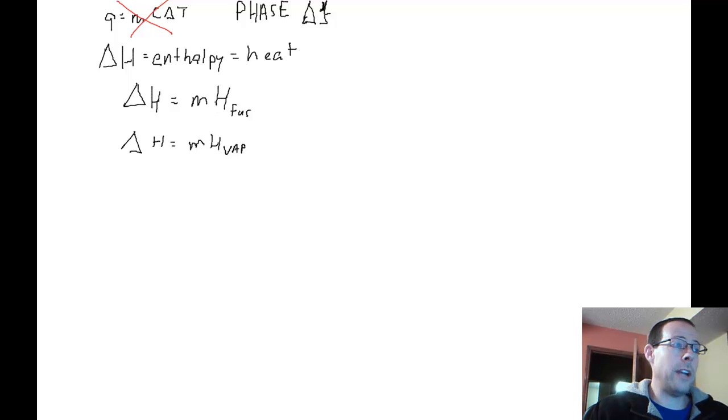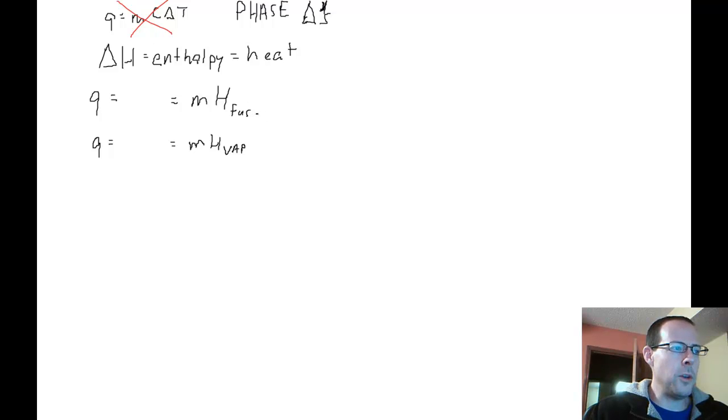Alright? What I'm going to do to simplify this a little bit is textbooks are all going to say delta H, but because we set up here that enthalpy is heat, what I want you to have in mind is just m H fuse really equals Q, and m H vap also equals Q. So essentially we are just erasing this part and this part, and Q equals m H fuse, or Q equals m H vap.